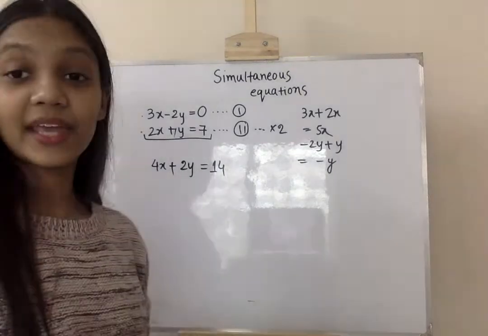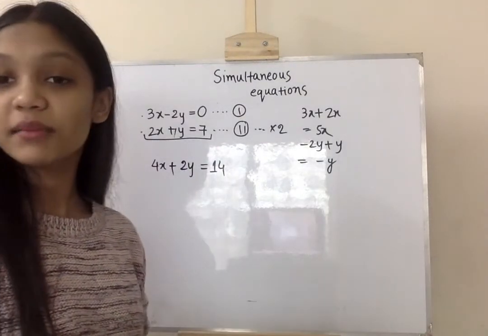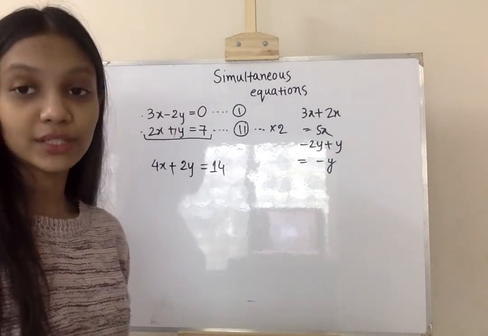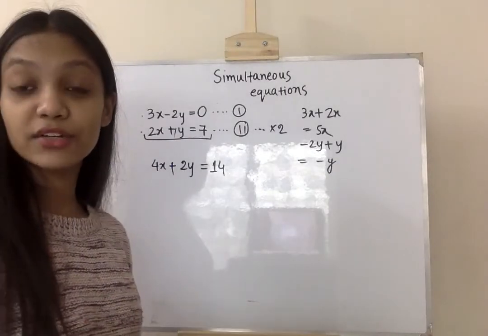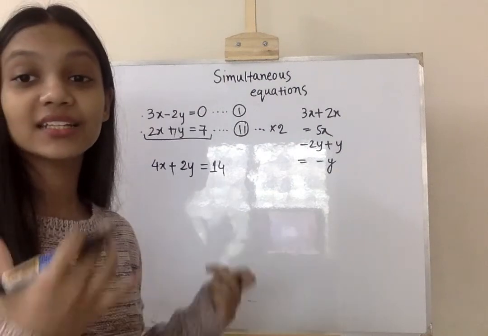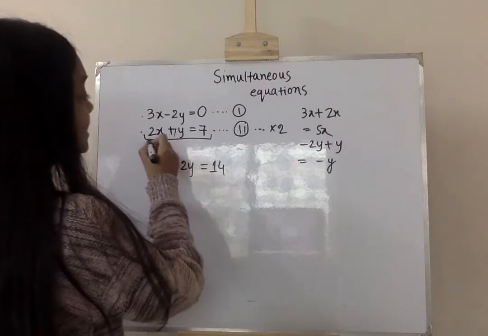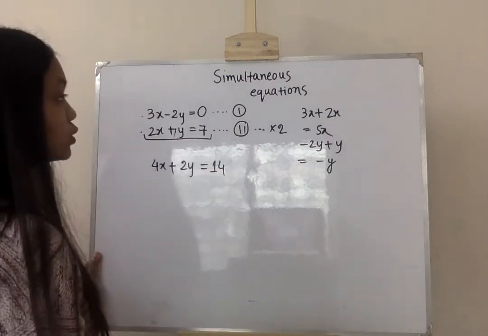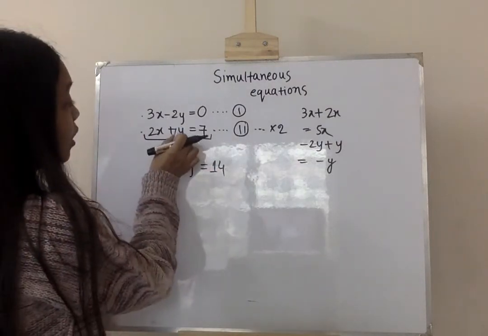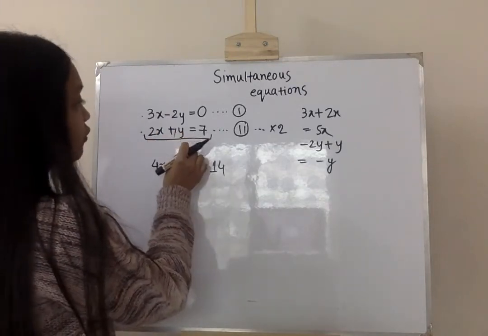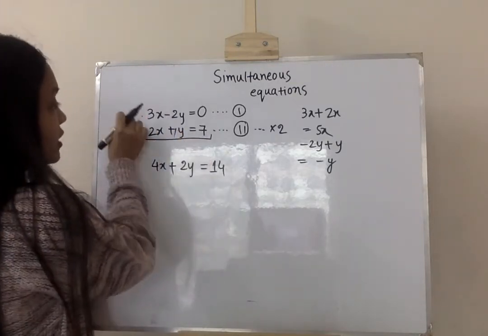Remember that multiplying an entire equation by the same number does not change the value of the equation. It does not change our solution. We will get the same solution that we got by using the substitution method. So we have multiplied this entire equation by 2 so that the coefficient of y is the same as in our first equation.